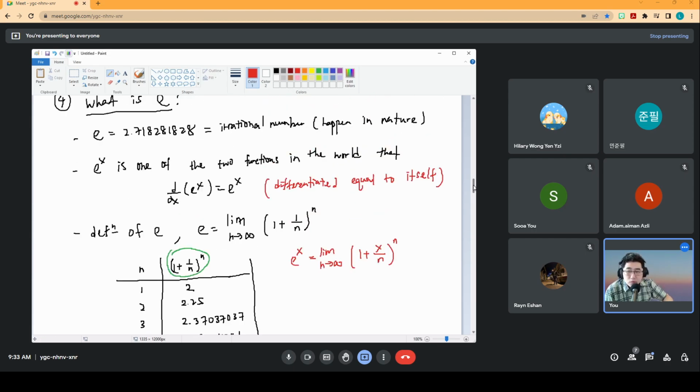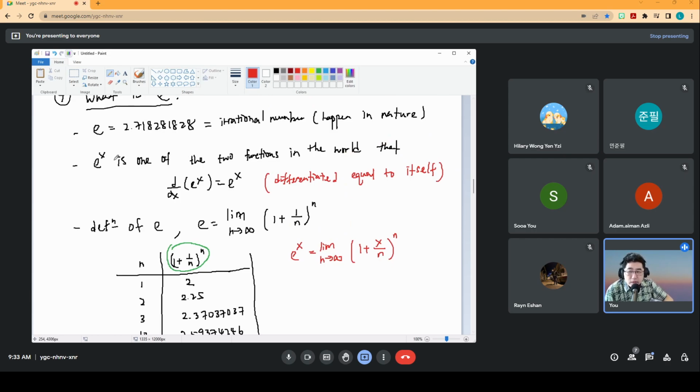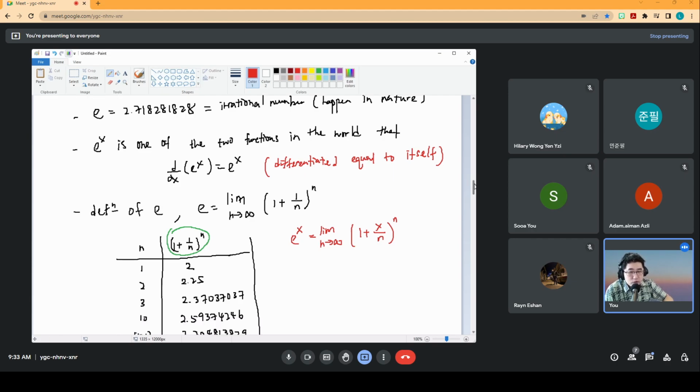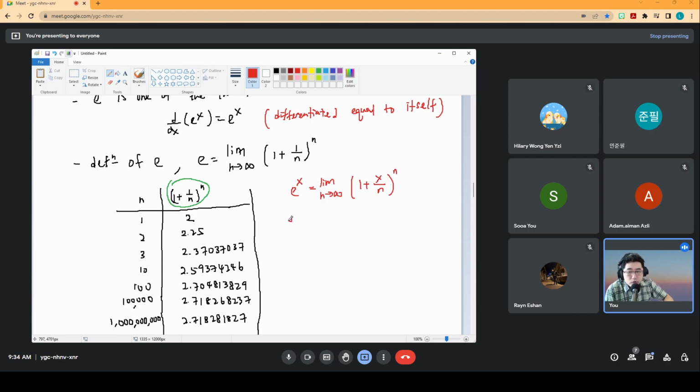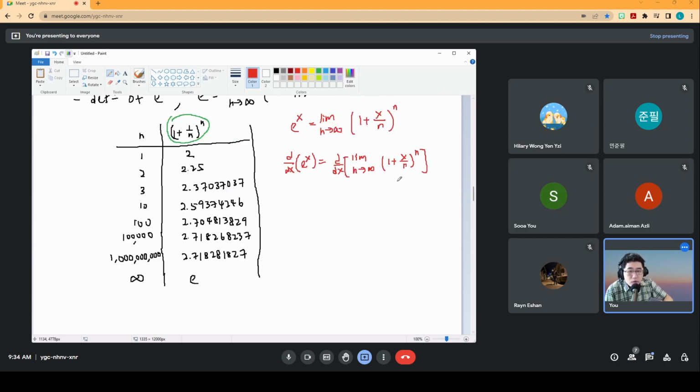So remember earlier, I said that e^x is one of the two functions in the world that differentiated equals to itself. So why is it so? If I want to differentiate e^x, that means I differentiate the limit of n goes to infinity of (1 + x/n)^n.